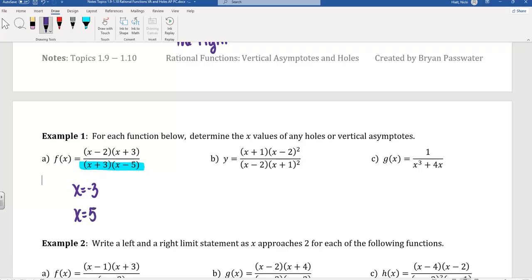For sure, I have some type of discontinuity at both of these places because if I plug those numbers in, I get a 0 in the denominator. Okay? One of these is going to be a hole. Which one? Negative 3, because these two would cancel. So right here is my hole. And then the 5 does not cancel, so that is my vertical asymptote.